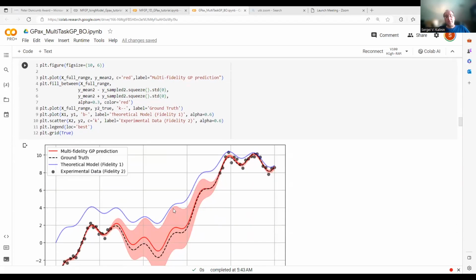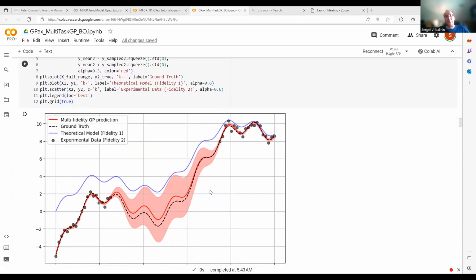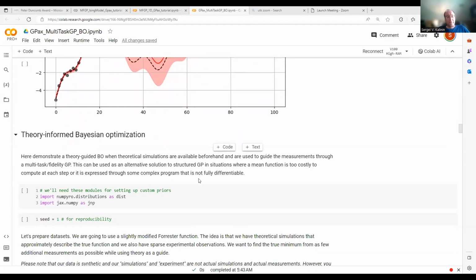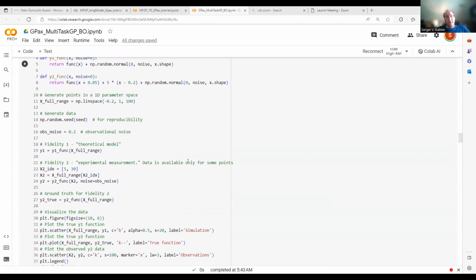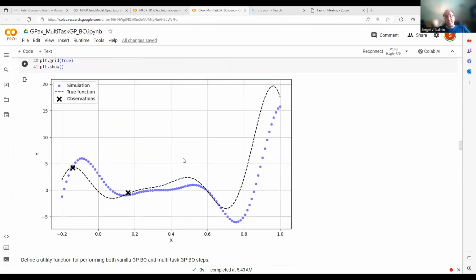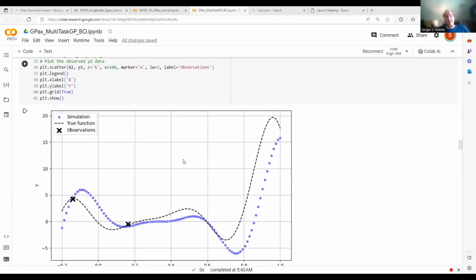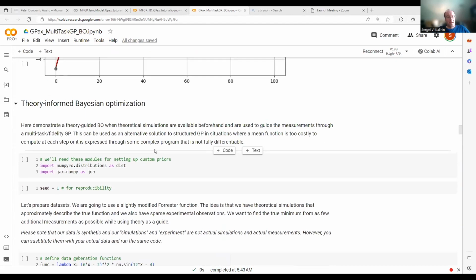At the same time, it is very clear that this works, and therefore it becomes a question of testing it on dummy systems that are close to what you have access to experimentally. And then once you have tested it, try it in a real-world environment. The same thing can be done in the Bayesian optimization setting, where rather than reconstructing the measurements, we can actually use theory-guided Bayesian optimization.